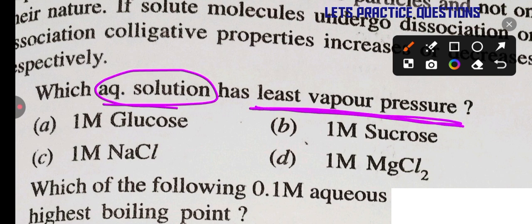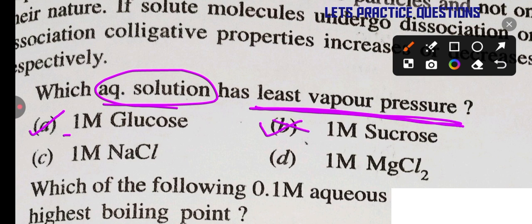Least vapor pressure depends upon the most particles present. Here we have to calculate where the number of moles of particles is higher. In option A, 1 mole of glucose. Glucose does not dissociate, that's why no additional particles will be generated. The same is also true for 1 mole of sucrose.